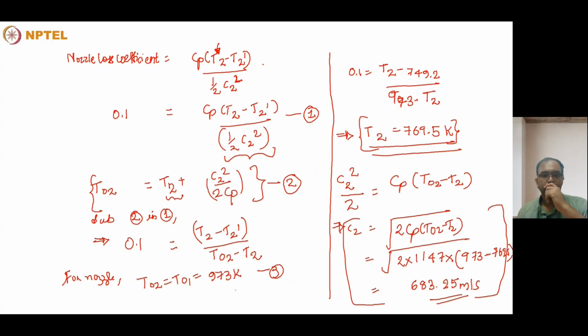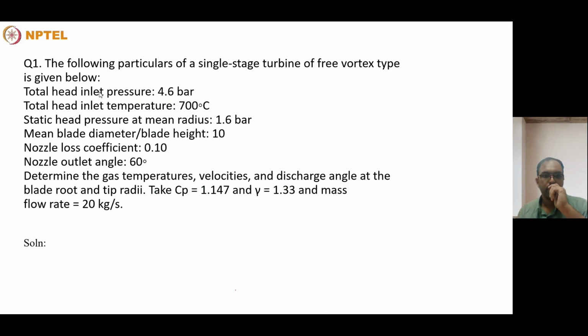How to get the blade diameter values? For that, we need to know the area as well as the mean diameter. In this particular problem, the mean blade diameter divided by blade height is given as 10, and the nozzle outlet angle is given as 60 degree. So alpha 2 is 60 degree.